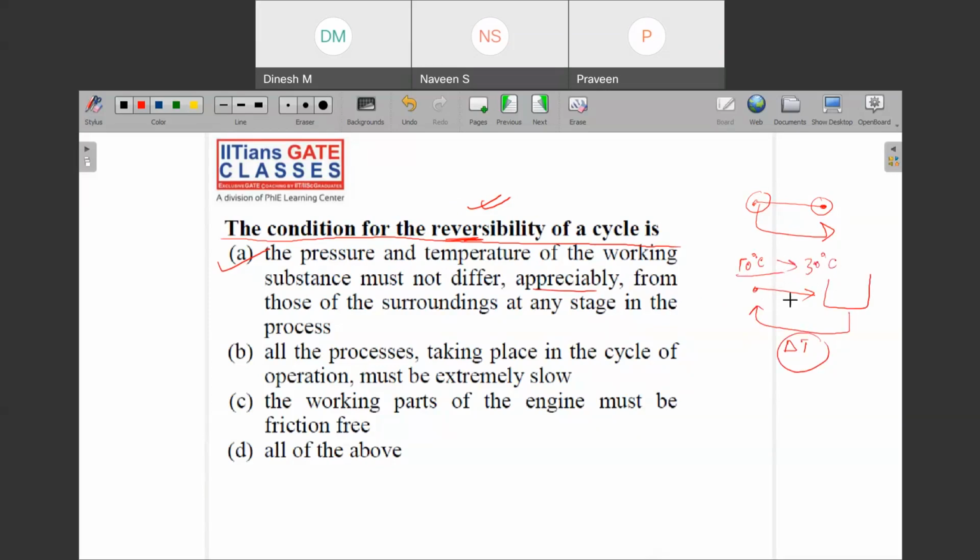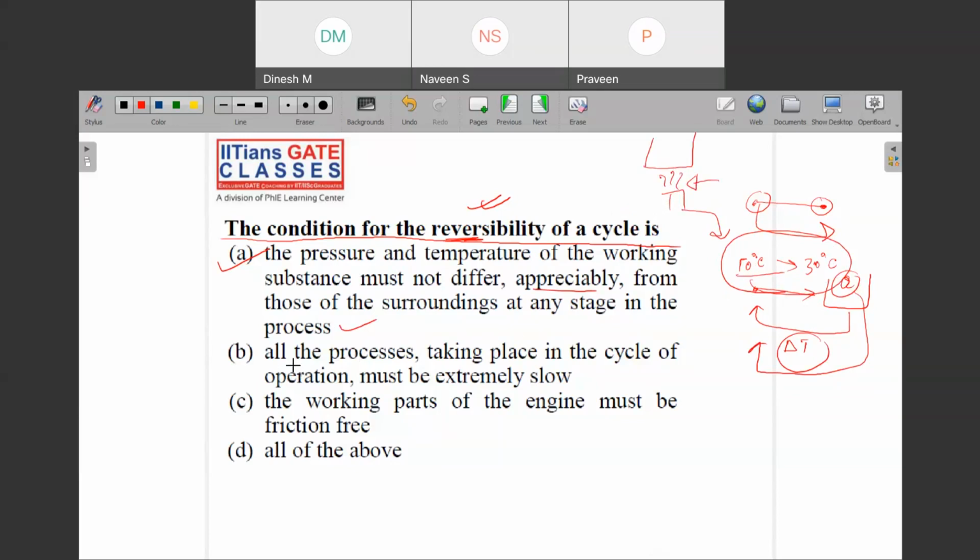Here you have lost a certain Q, but this will not necessarily guarantee that the same Q will help you to get that delta T. You must have supplied some heat, and this heat must have taken care of certain other things also. So it is never possible to reverse if you have interaction with the surrounding. So this is the correct option. This we have seen only, just a recapitulation.